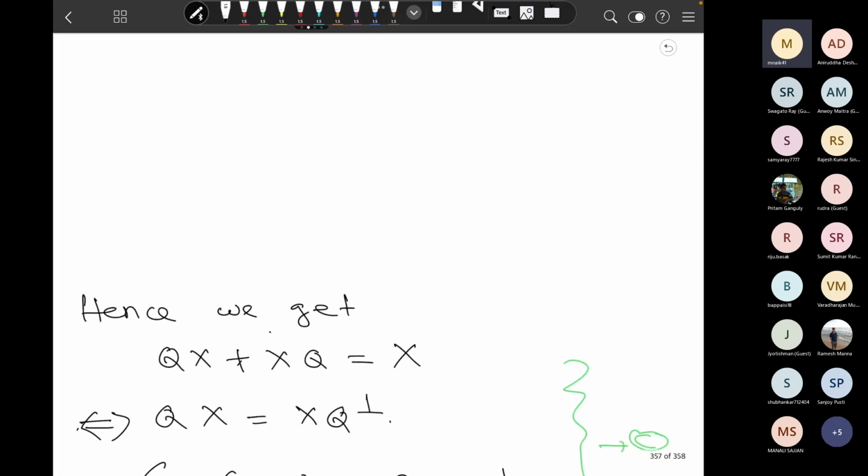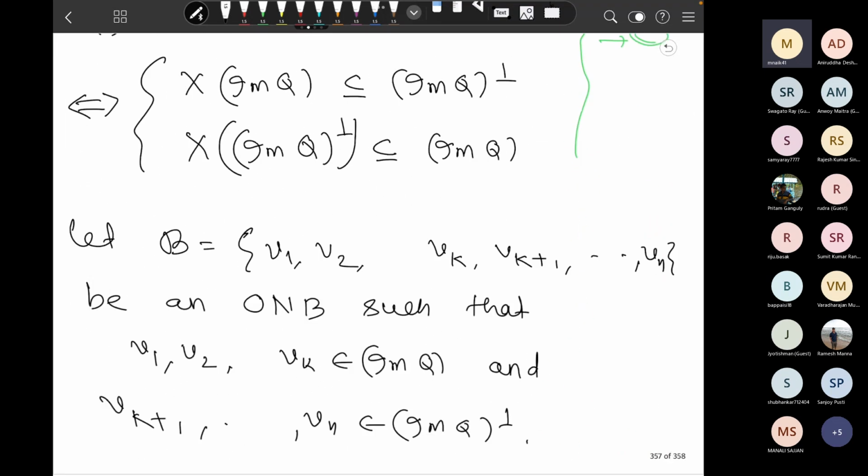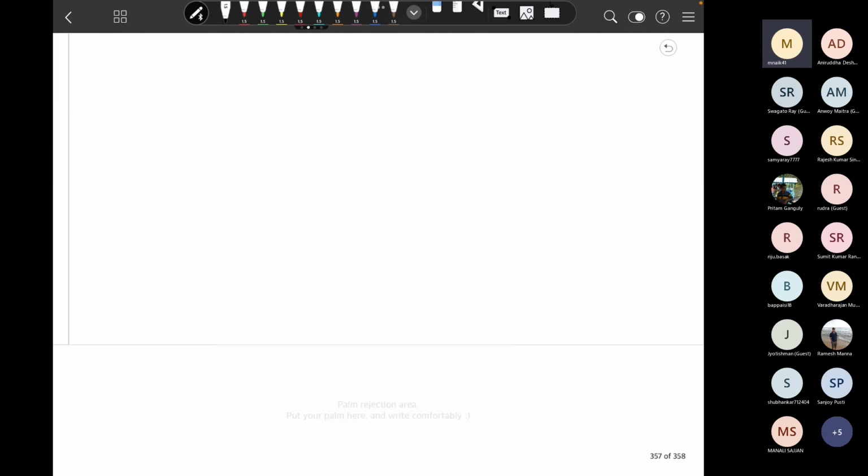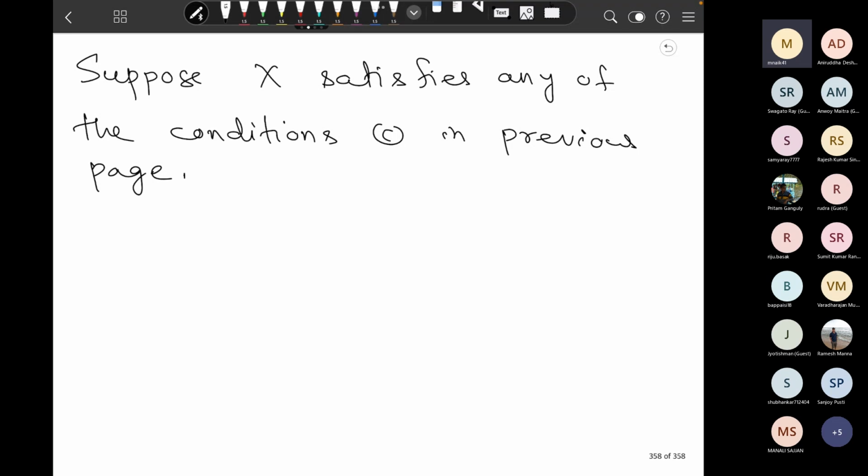I have chosen an orthonormal basis B, so that the first k vectors belong to image of Q, and the last n minus k vectors belong to image of Q par, and I want to look at the matrix representation of X with respect to this B.